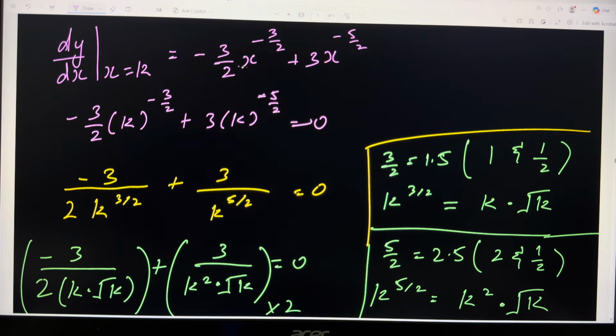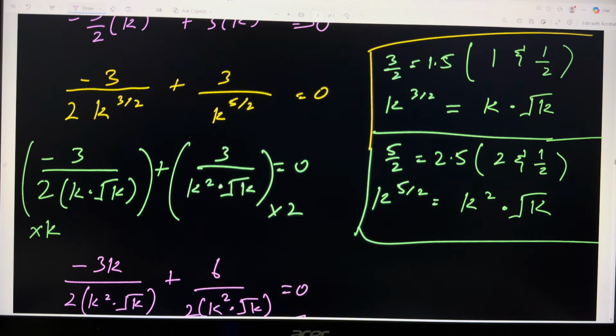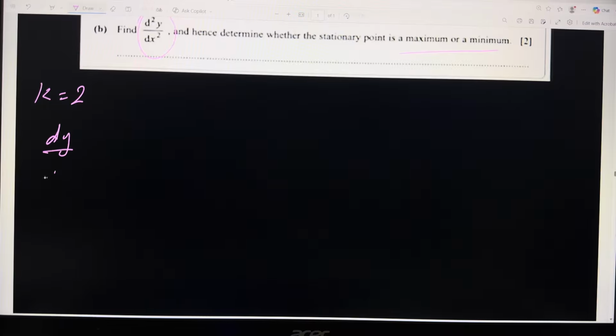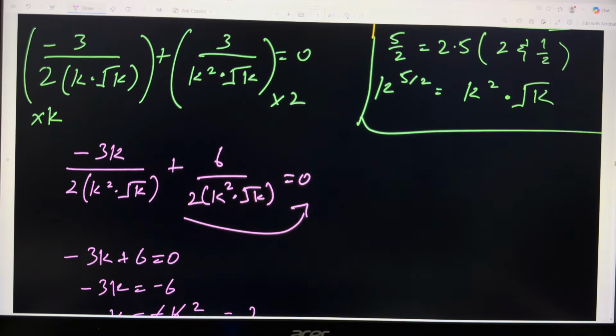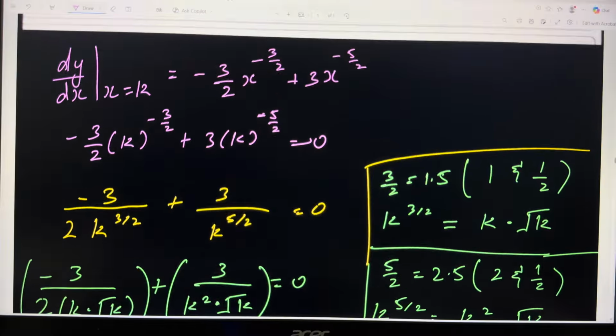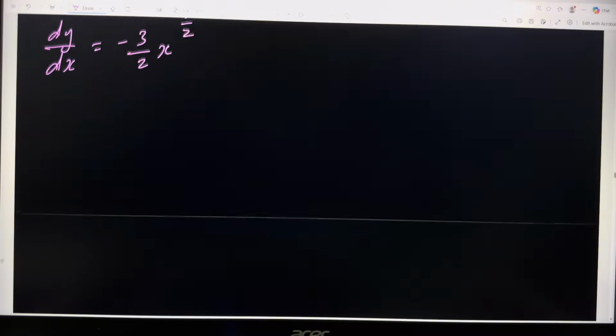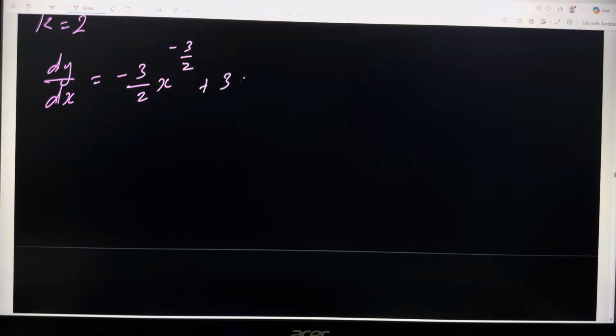So minus 3 upon 2 x^(-3/2) plus 3x^(-5/2), so we want to find the double derivative, so let's find it.